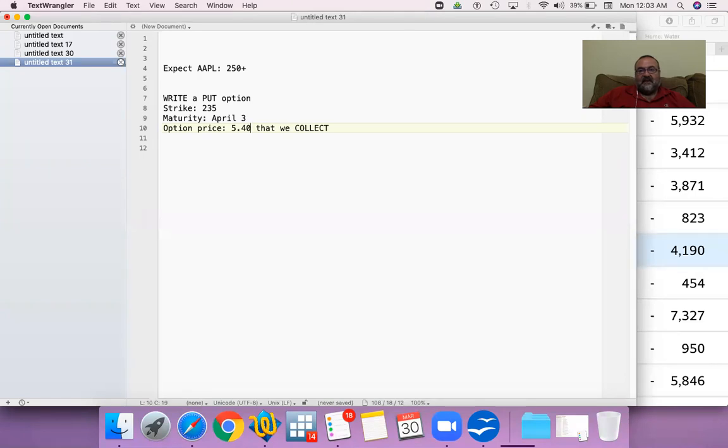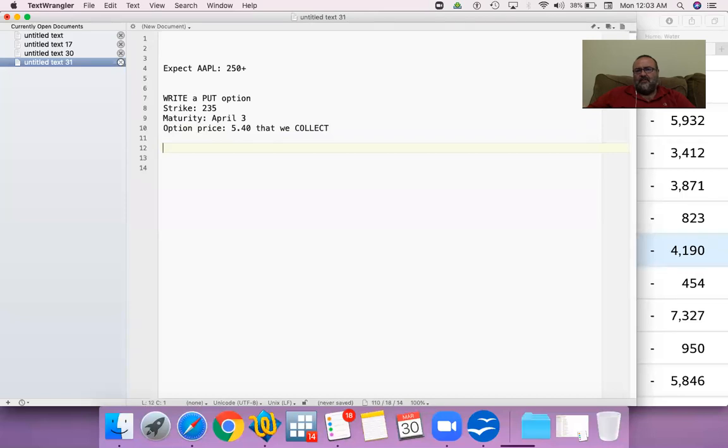For instance, if Apple's price were to go down to $200, then we lose $35 per share. At 100 shares, we lose $3,500. If Apple were to go down to $100, then we would lose $135 a share, or $13,500 in total. So we could lose a tremendous amount of money. This is a naked put.